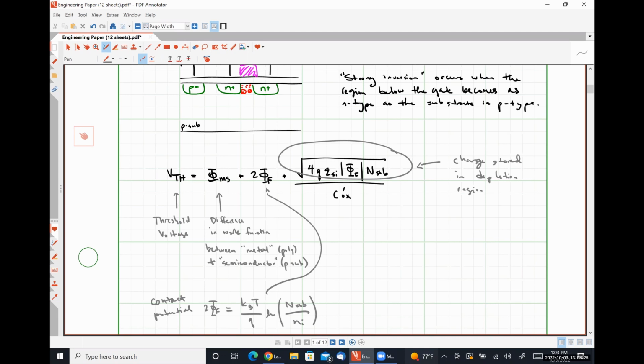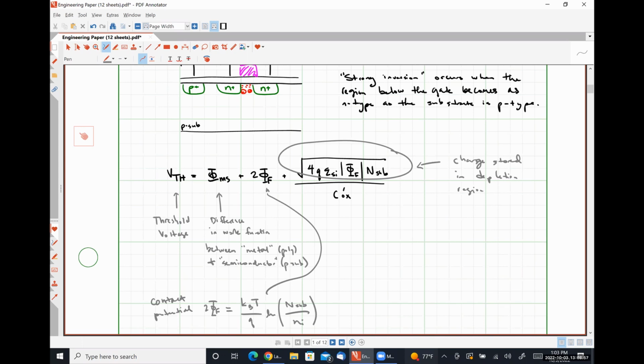And depending on our process, it can range from anywhere from 0.3 volts all the way up to a couple of volts. Because we have multiple different polysilicon layers, as I mentioned earlier, we could have different threshold voltages. And the reason for that is largely because this Cox value is going to be different if our polysilicon layer that we're using as our gate contact is physically further away from the substrate, okay?